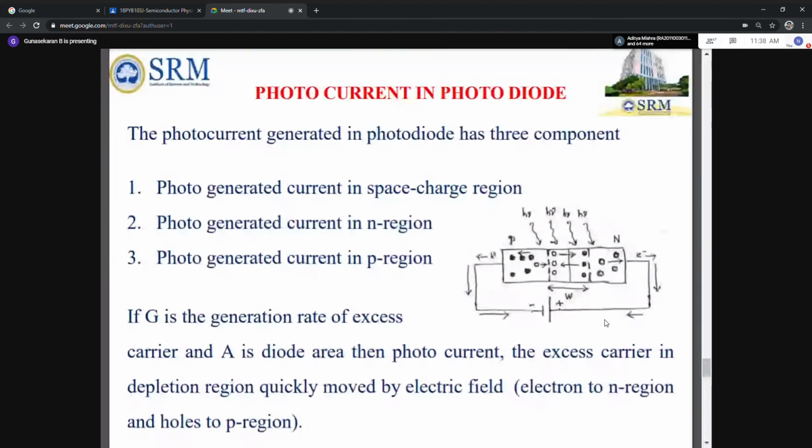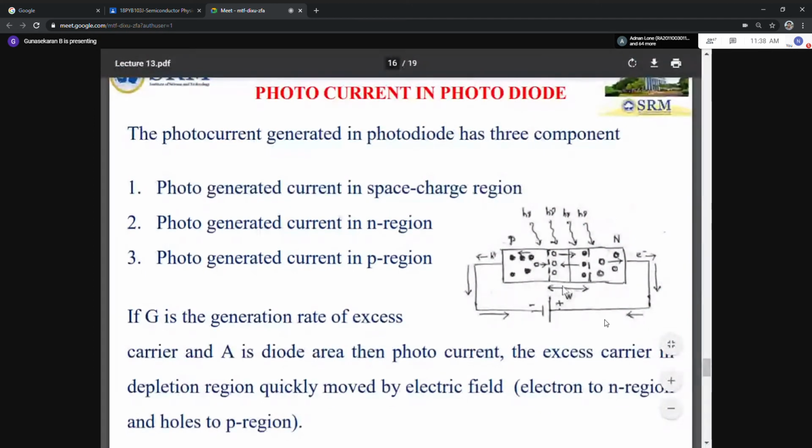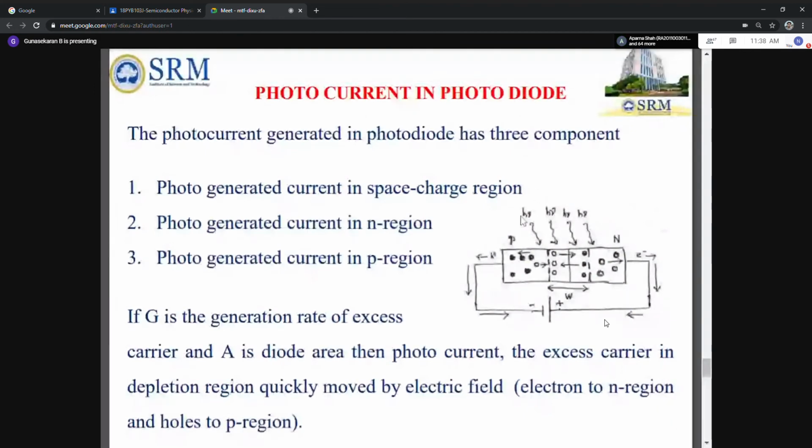See the diagram: this is the width of the region. P is connected to negative and N to positive. The light energy strikes here, each photon of h nu strikes the depletion region, and an electron-hole pair is generated.